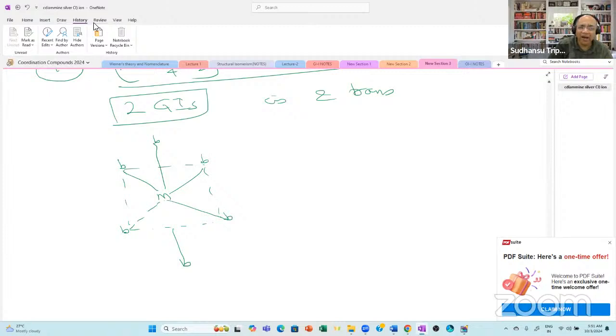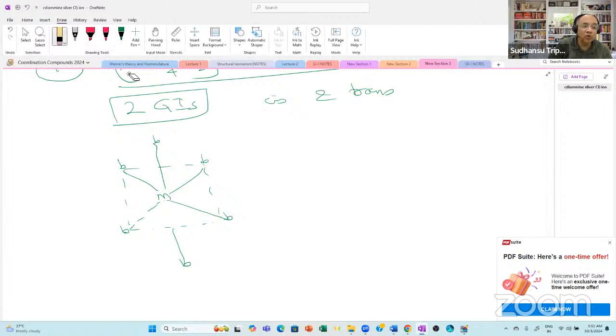So there are umpteen possibilities to show. Not that I will show this as on the same side, close to each other. I can show a B, B here. This is also B, B here, and all the remaining positions A.